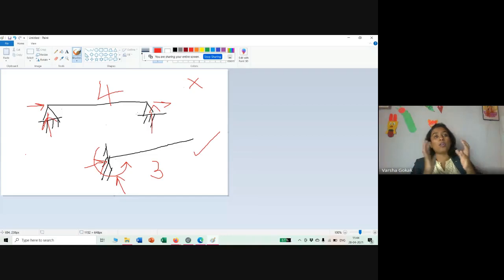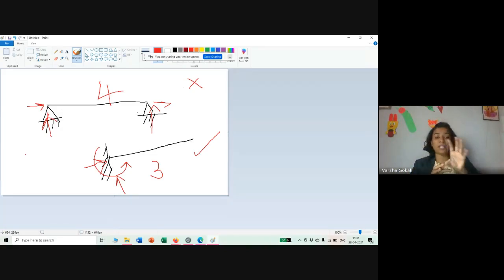So structural analysis 1 and structural analysis 2, or analysis of determinate structures and indeterminate structures, are divided into 2 parts. You will be studying the analysis of determinate structures in your 4th semester, and in your 5th semester you will be studying the analysis of indeterminate structures.